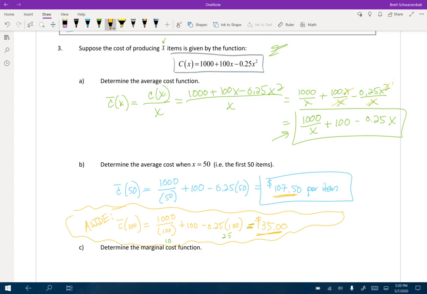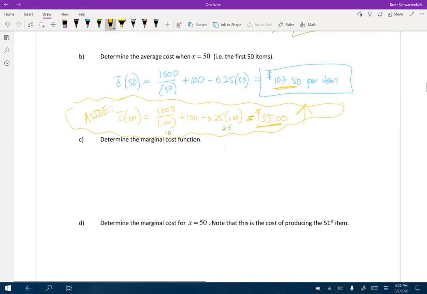It increased. So I'm showing this not because it's this problem, but because it proves to you that the cost of manufacturing this item has increased over time. So just a small thing to help you understand the concept altogether.